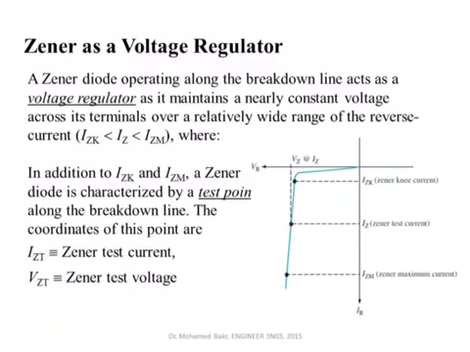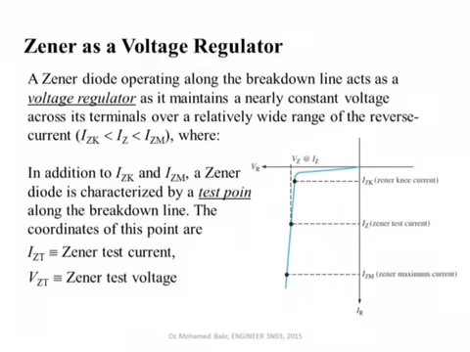This is where the diode starts to show breakdown characteristics. Before that, it is in the reverse bias region, the current is very small, and it's considered an open circuit.